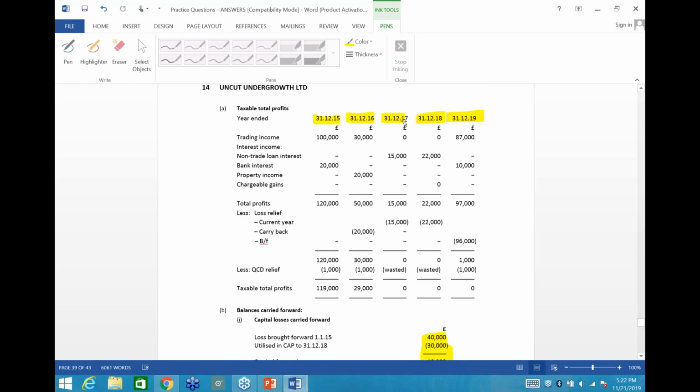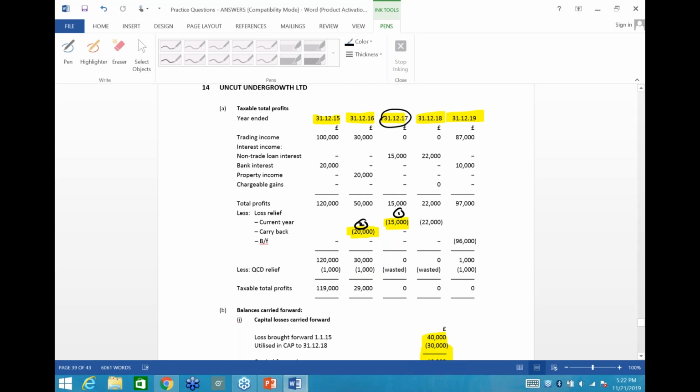So the losses for the year ended 31st December 2017. For the current year, total profit is only 15,000. So from the loss 35,000, first you have to set off 15,000 here. And any unrelieved amount can be carried back to the previous year. So first against the current year, then against the previous year. You can't change the order here. So that's how you can get a relief for that 35,000.